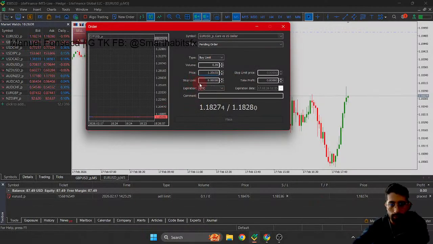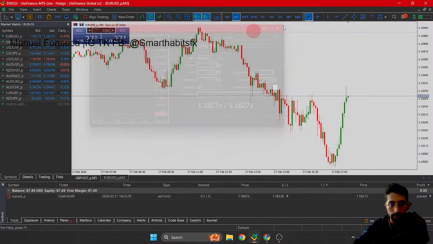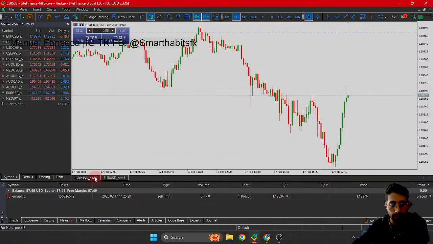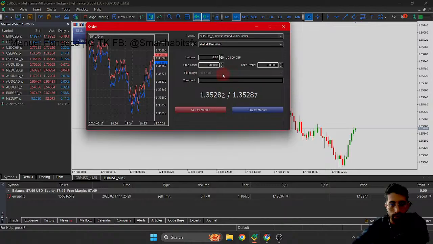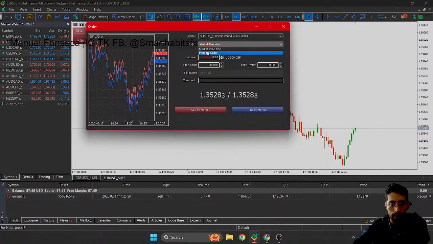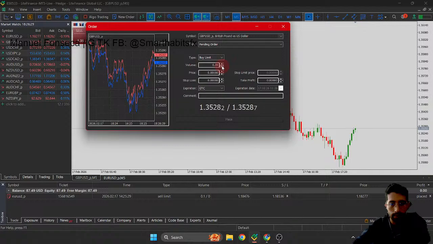Okay, good. Buy limit, what's going on? What's wrong with this? Yeah, it's mistaken because I am in the euro. It should be in the GBP USD. New order again, pending order, buy limit.